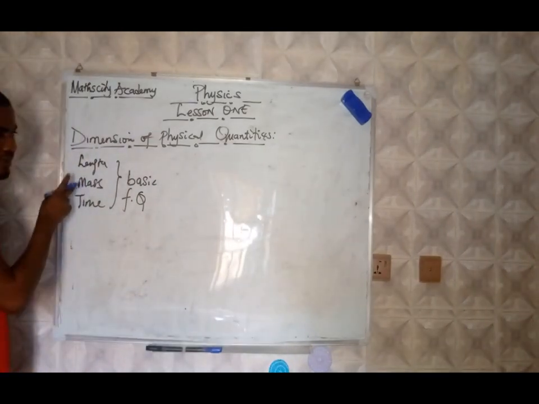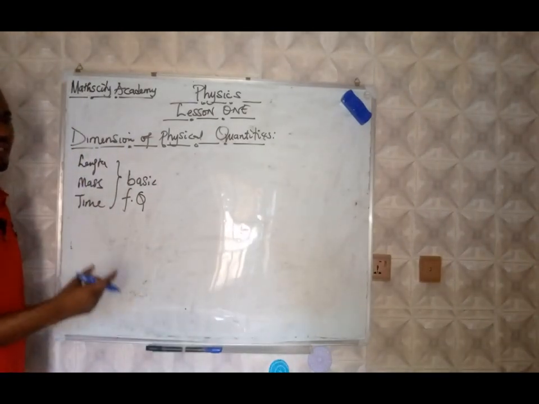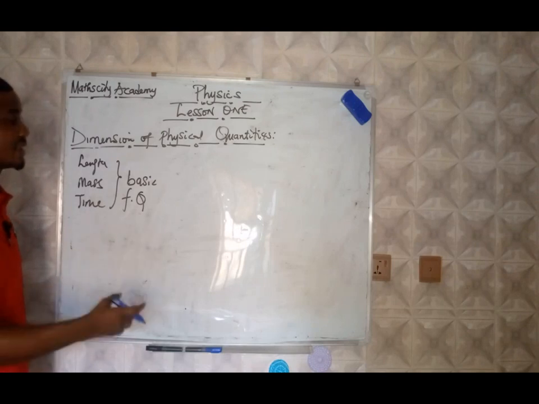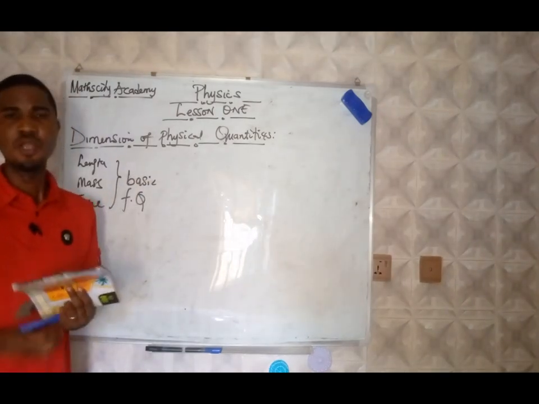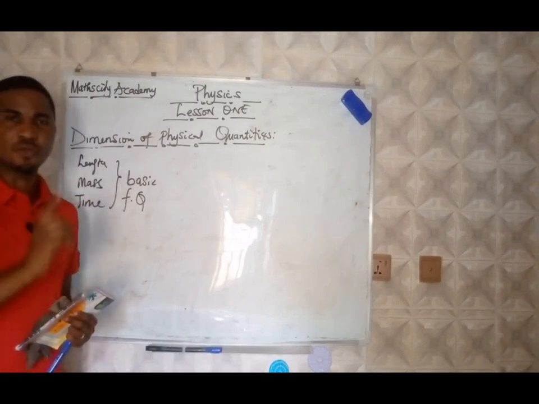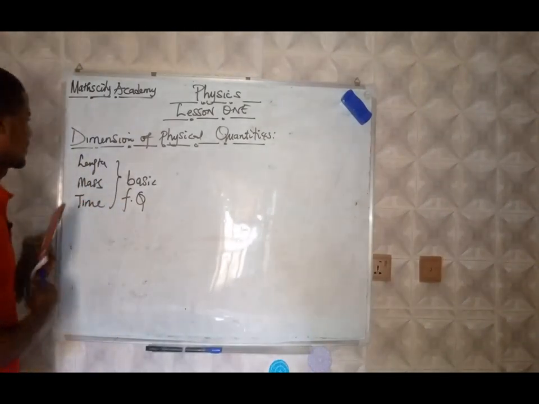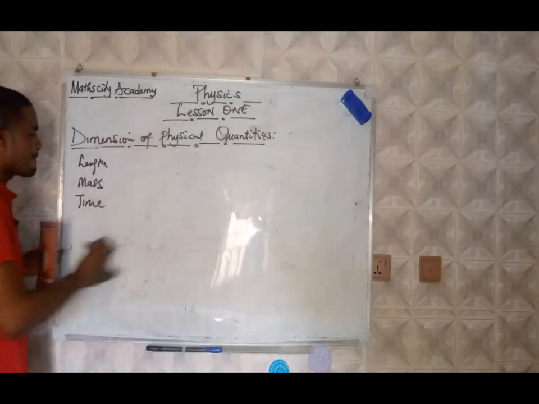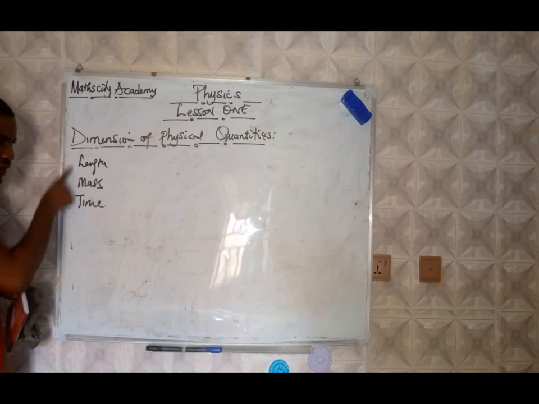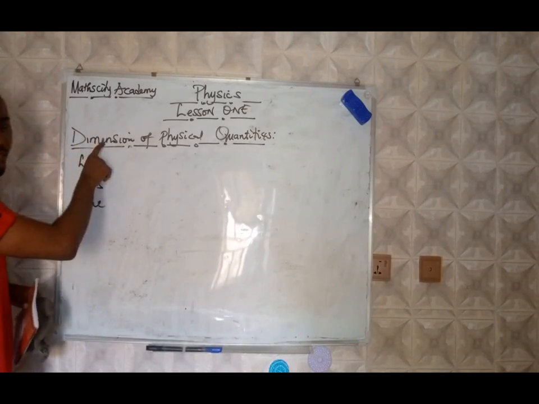We need only these 3. But if you are asked, which of the following is a fundamental quantity, then there are 7. Meaning that basic fundamental quantities are 3, while the fundamental quantities in all are what? 7. Okay. Now, defining all physical quantities based on these basic fundamental quantities is what we call dimension.